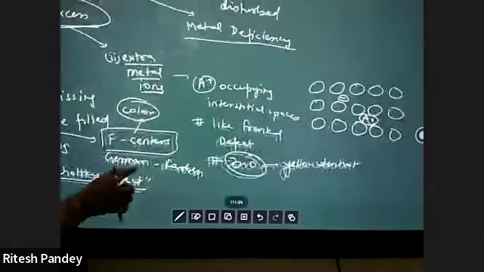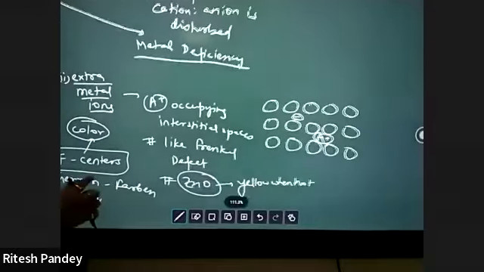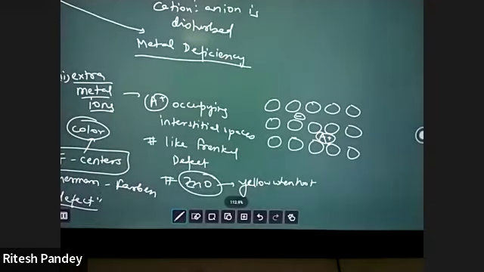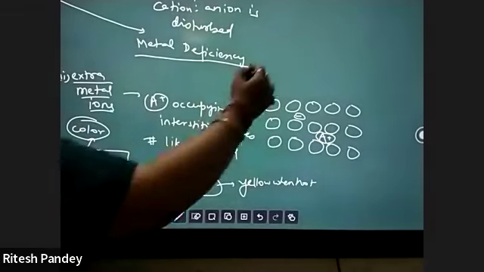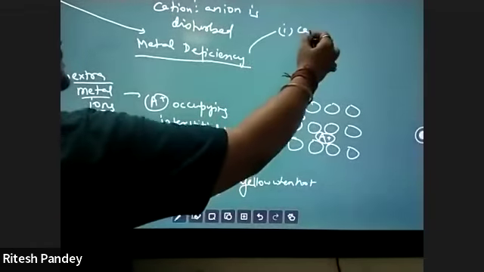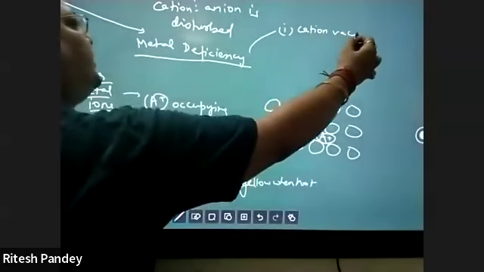Now, metal deficiency again could be because of two reasons, like extra metal could be about anion missing or extra cation interstitial species. Metal deficiency could be due to one, cation vacancy.